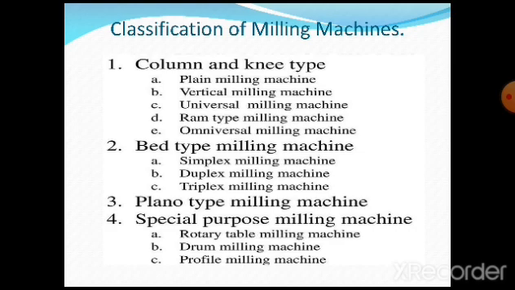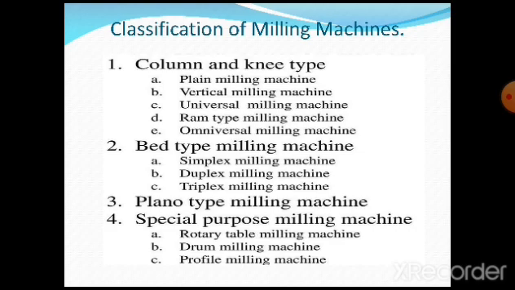In the column and knee type, there are five types: plain milling machine, vertical, universal, ram type, and omniversal milling machine. Here, the column and knee form the main elements along with the base of the machine.